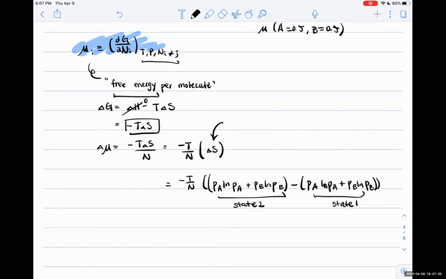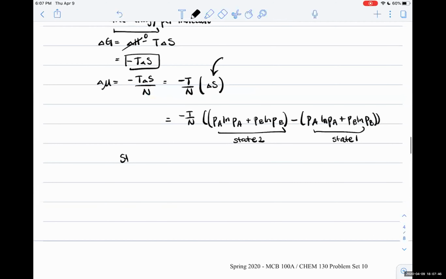And before we do the calculation, you can make some intuition about how the answers will turn out. So we're moving from state 1 to state 2.